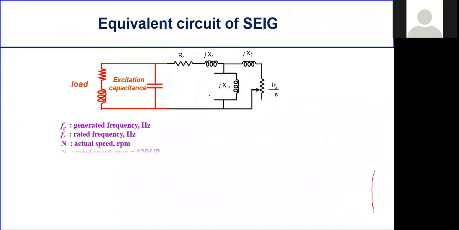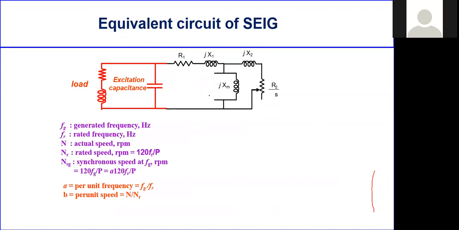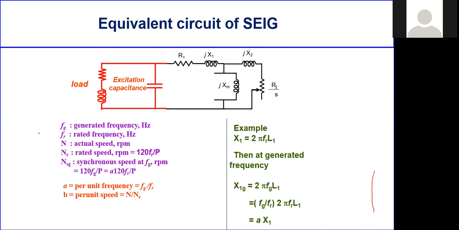So we modified the equivalent circuit by considering Fg, which is equal to the generator frequency; Fr, the rated frequency; N, the actual speed; Nr, the rated speed; and Nsg, the synchronous speed. A is equal to the per unit frequency, Fg divided by Fr, and B is equal to the per unit speed, N divided by Nr.